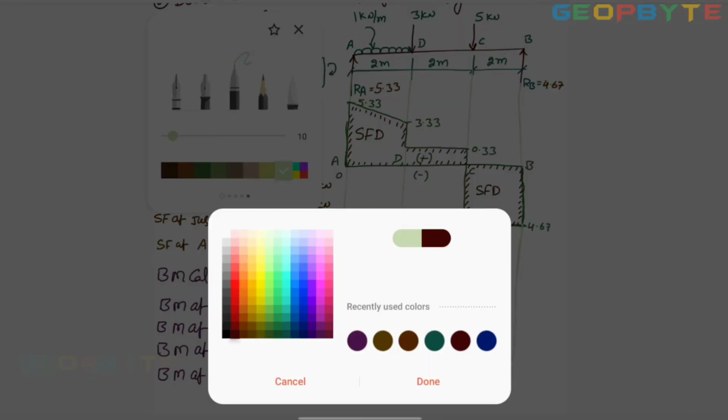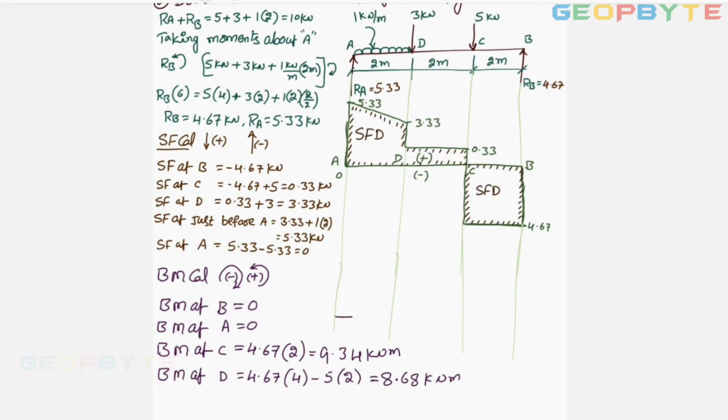This is the reference line. Space is required above the reference line only, because the bending moment values are positive only. The bending moment diagram comes above the reference line because positive values are taken above the reference line. This is A, this is B, C and D.